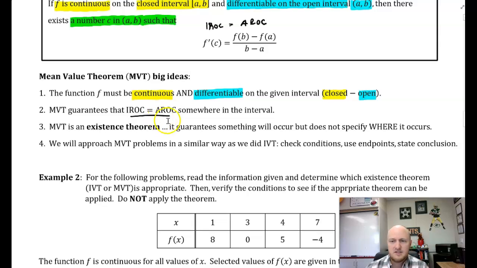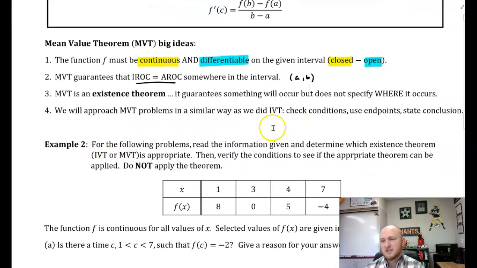Somewhere. Doesn't say exactly where, but somewhere in that interval, right? And that interval being a, b. MVT is an existence theorem. It guarantees something will occur, but it doesn't specify where. I kind of already talked about that. And then number four, we will approach MVT problems in a similar way we did IVT. Check the conditions, use the endpoints, and then state our conclusion.